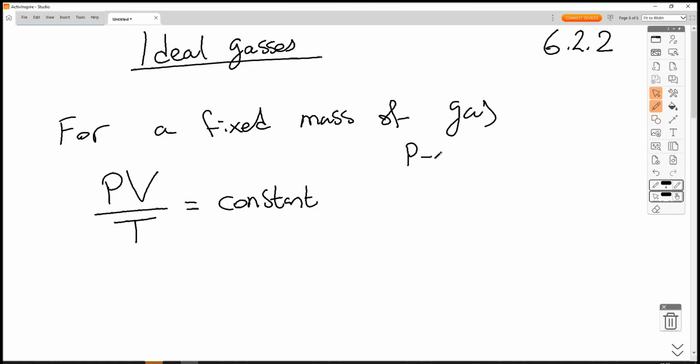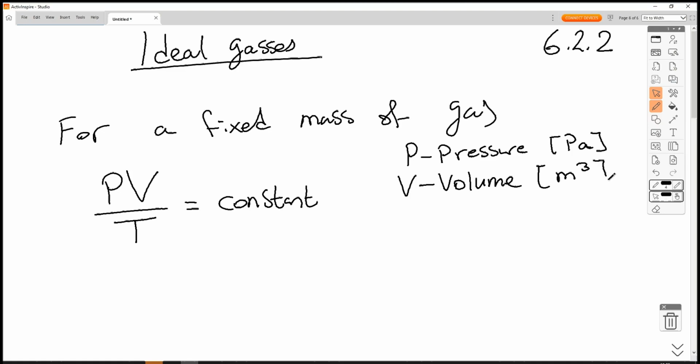Where P is pressure, measured in pascals, V is volume, measured in meters cubed, and T is temperature, measured in Kelvin.